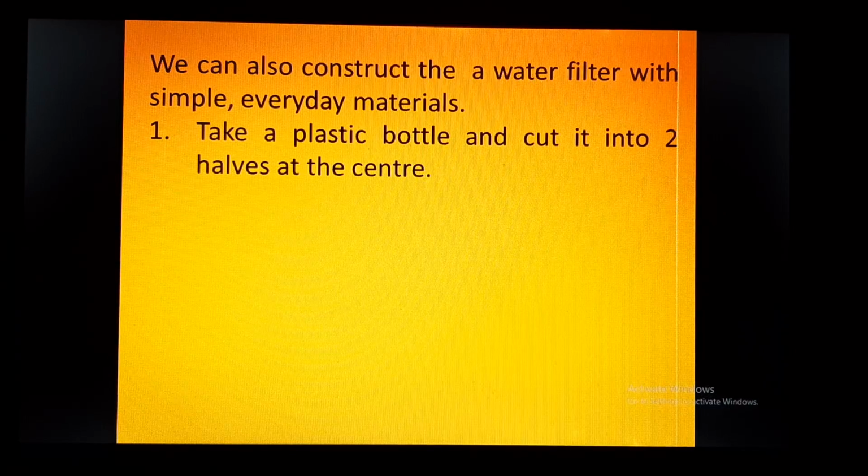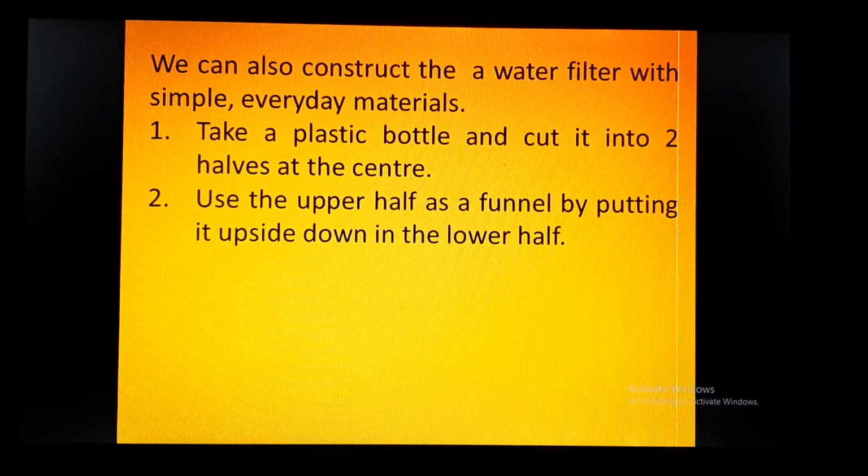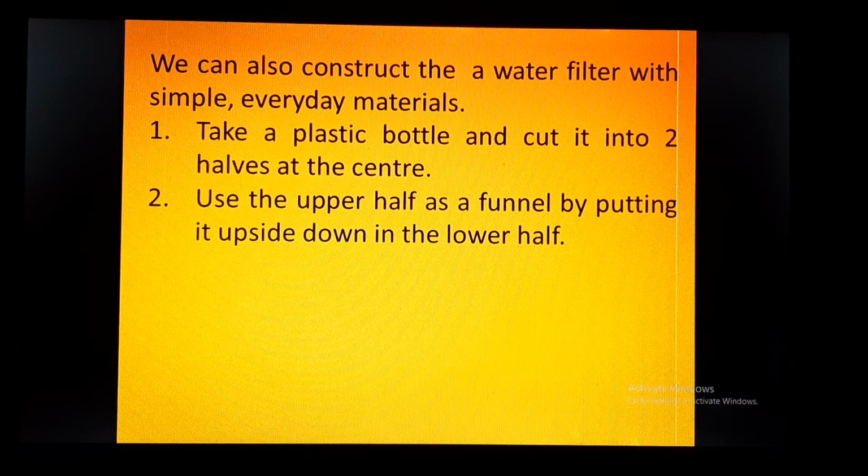Now we can also construct a water filter with simple everyday materials. What do we have to do? We have to take a plastic bottle and cut it into two halves at the center. The upper half is used as a funnel by putting it upside down.